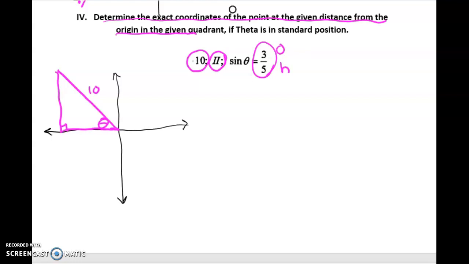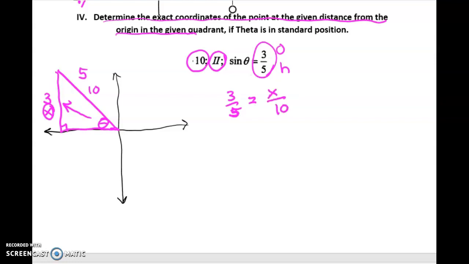So if the opposite leg is 3 and the hypotenuse is 5, what would this value actually be if 3/5 has to reduce to something over 10?